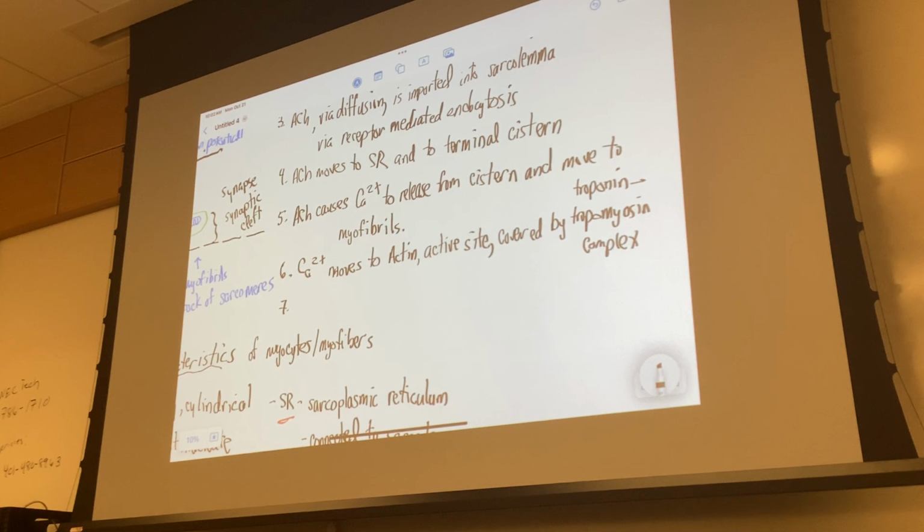There's one part that I haven't talked about in terms of the sarcomere, and I just remembered it. So step 6 here is calcium moves to the active site of actin, which is covered by the troponin tropomyosin complex. I'm just going to use the word complex now. In step 7, the complex moves off of the active site. And the complex is just a pair of two proteins, right?